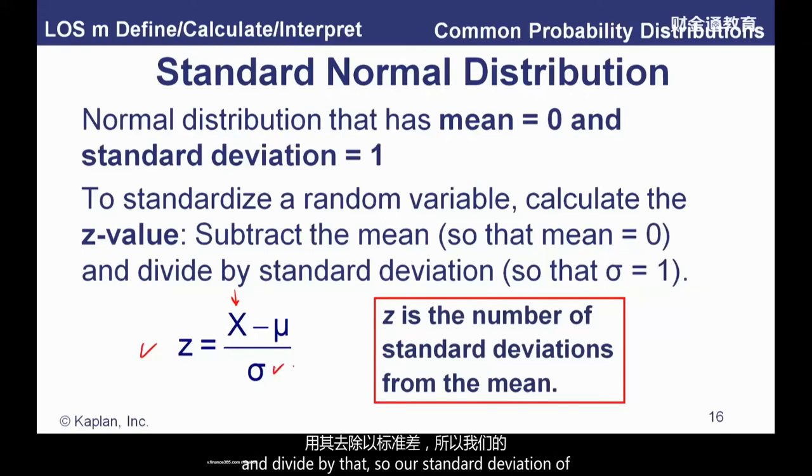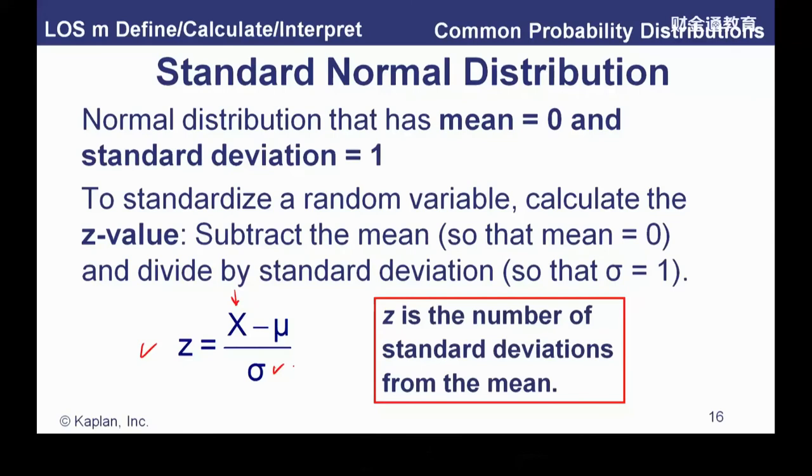So the standard deviation of the standard normal distribution is 1, because we're in units of standard deviation.